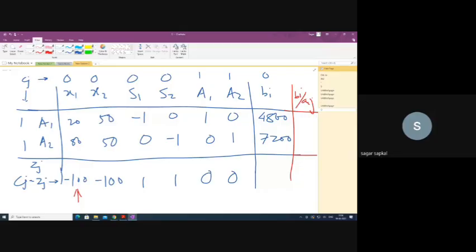First one, 240. Second, 90. Now the same criteria: choose the minimum non-negative value of Bi upon Aij for deciding the outgoing variable. So at the place of A2, X1 will be there.